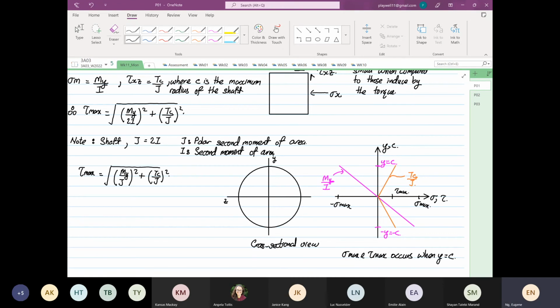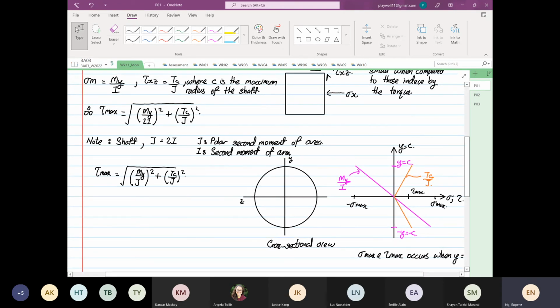So coming back to our equation over here, we can also write tau max is equal to square root of (Mc over J) squared plus (Tc over J) squared.